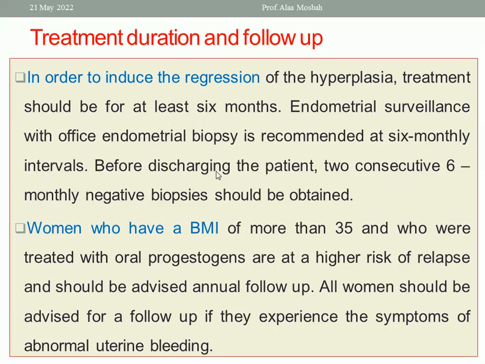So if body mass index is more than 35 and the woman was treated with oral progestogen, she is at higher risk of relapse, and she should be advised for annual follow-up. Also, all women should be advised for follow-up if they experience symptoms of abnormal uterine bleeding.